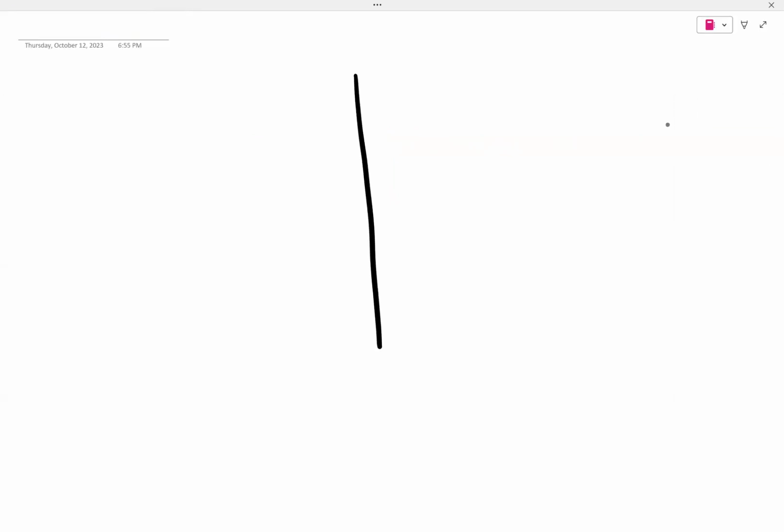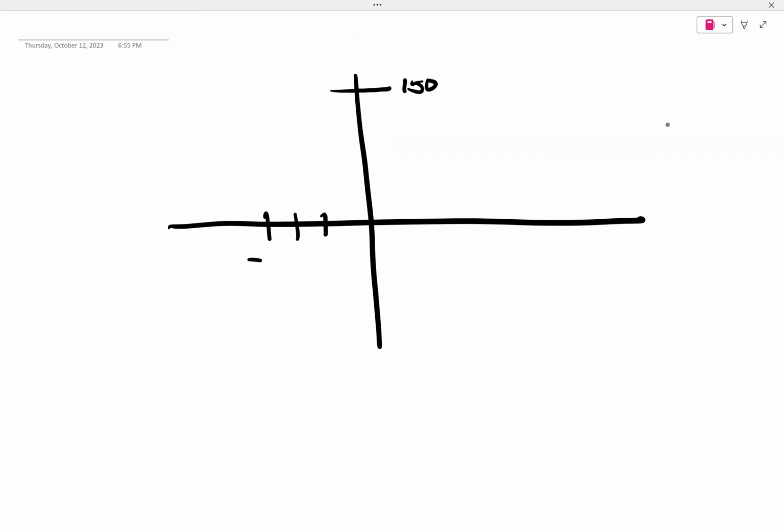It looks like at -3, 150. So let's pretend this is 150. So -3, 1, 2, 3. So we're up here. This is the point (-3, 150).